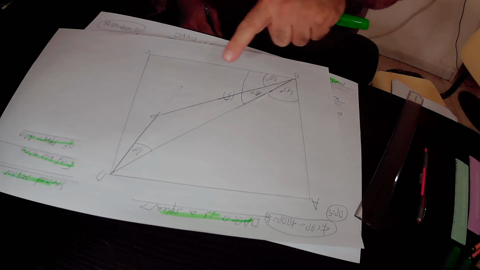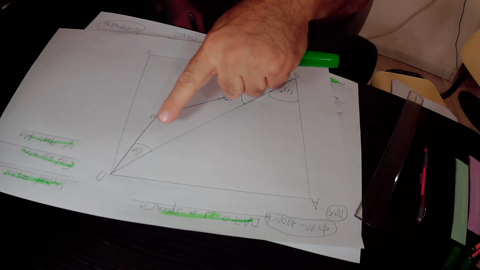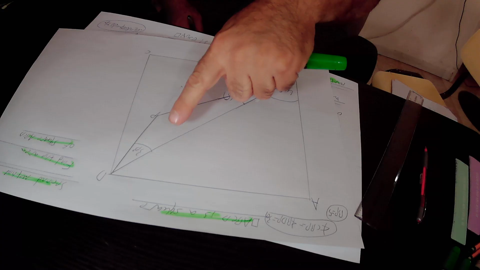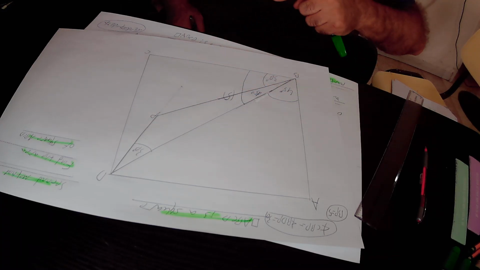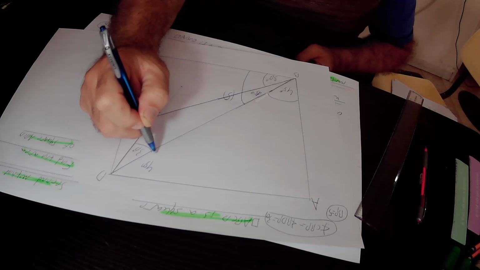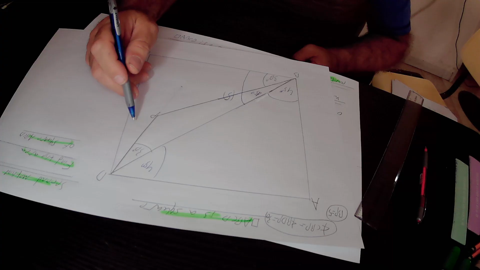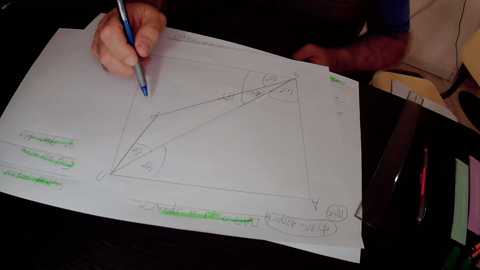Likewise, diagonal BD bisects angle ADC, so this first half equals 45 degrees in its size. And this is the second half of angle ADC, that also equals 45 degrees in its size.